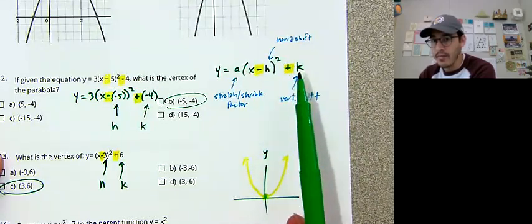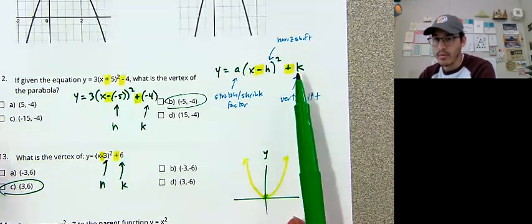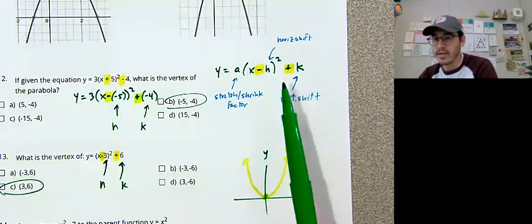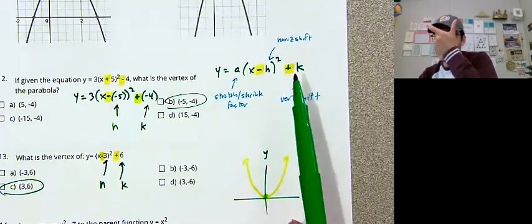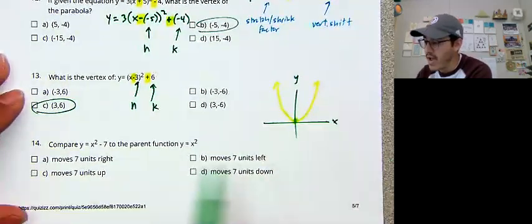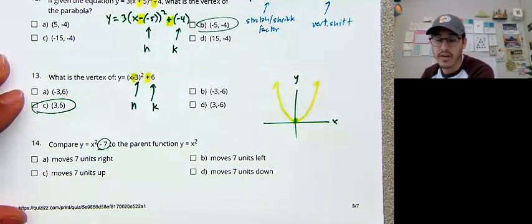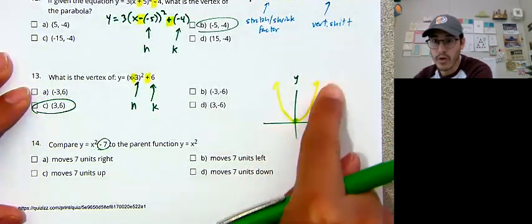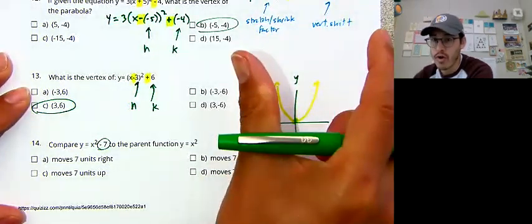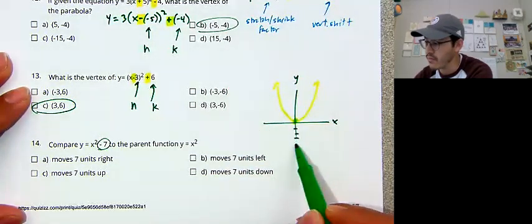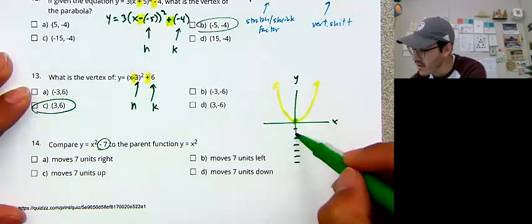So if this were +1, then the parabola would just shift up 1 space. If it was +2, it would shift up 2 spaces. If it was -1, then it would shift down a space, or whatever, right? So the fact that we see a constant of -7 is telling us that our original parabola is just going to shift down 7 spaces, 1, 2, 3, 4, 5, 6, 7.